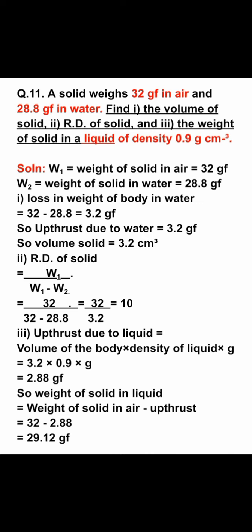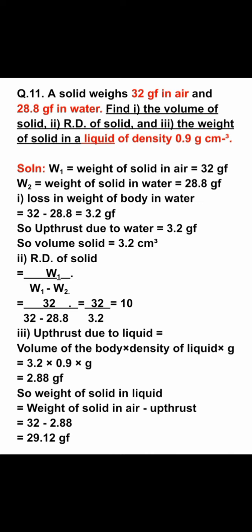Now the third part: the weight of the solid in a liquid of density 0.9 gram per centimeter cube. That means we need the weight of the solid in a liquid having density 0.9 gram per centimeter cube. So the upthrust due to liquid is the volume of the body into the density of the liquid into g.